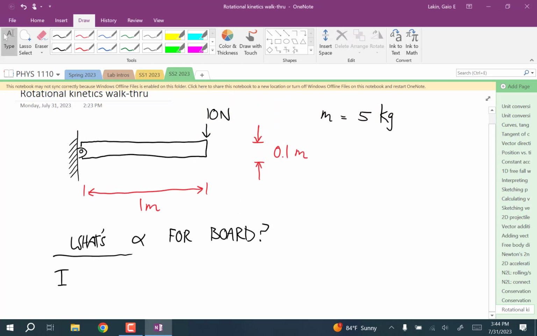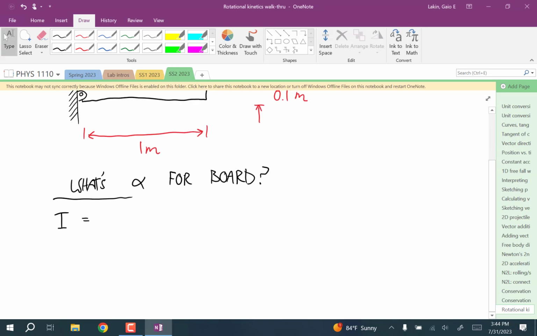in order to do that, you have to identify what type of connection, where the hinge is connected to the board. It is on the far end of the 1 meter length, and it's in the middle of the 0.1 meter thickness.